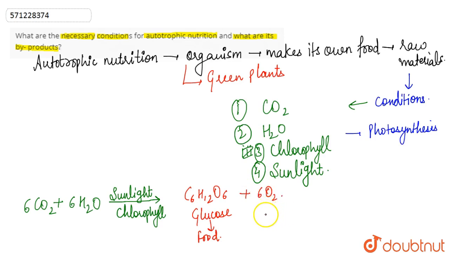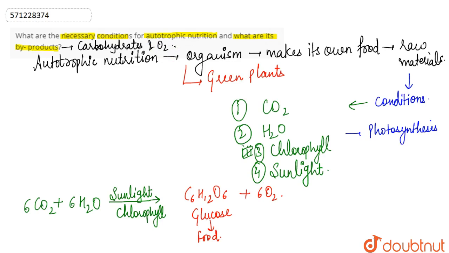So in the autotrophic mode of nutrition, the byproducts are basically the carbohydrates, or we can say the glucose, and oxygen is produced as the product of photosynthesis.